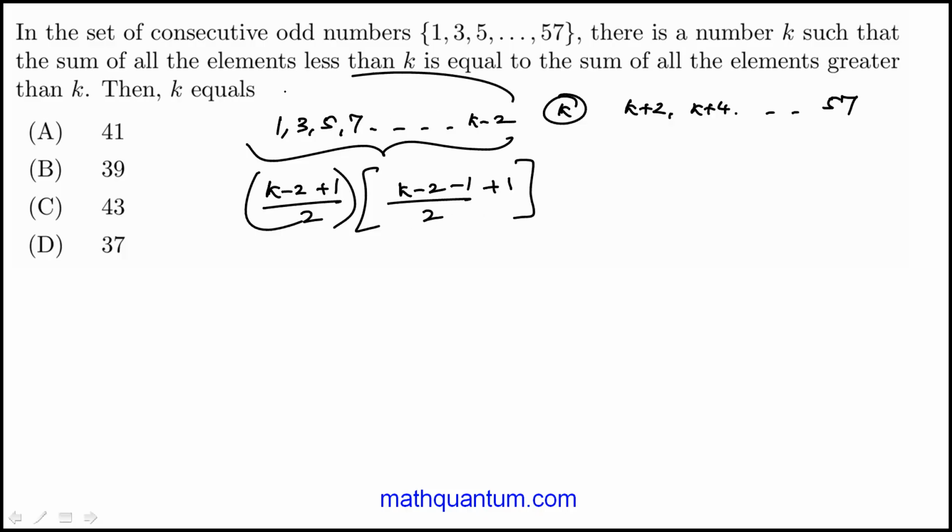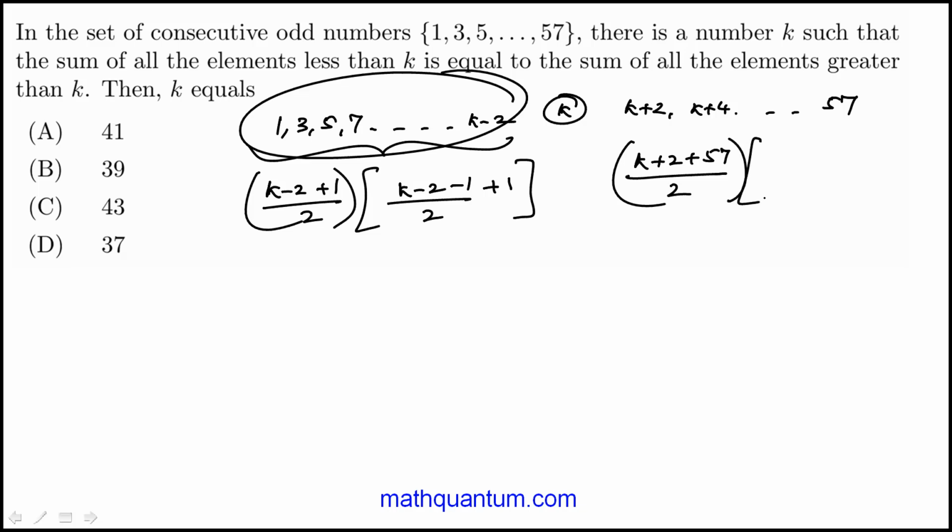So that's the sum of this portion. I'll do the same thing here. The average would be the average of the first and last, and then the number of terms would be last minus first over 2 minus 1, plus 1. And this is the condition.